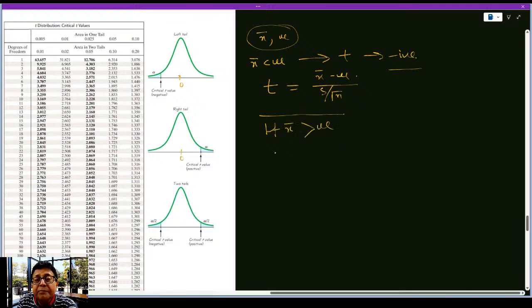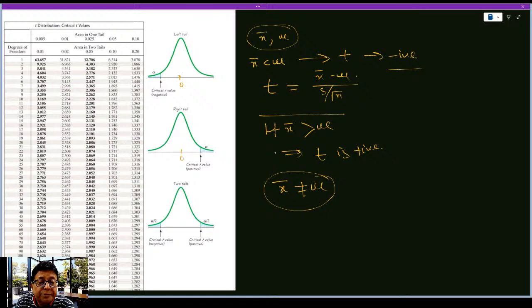If x bar is greater than mu, then this implies t is positive. For that we need a right tail test. And if it is a both-sided test, I mean when you are going to decide about x bar not equal to mu, you need to test left hand and right hand, both. Critical t value, x bar not equal to mu, means it may be positive, may be negative.